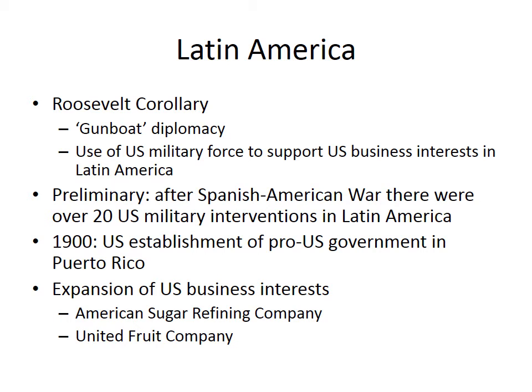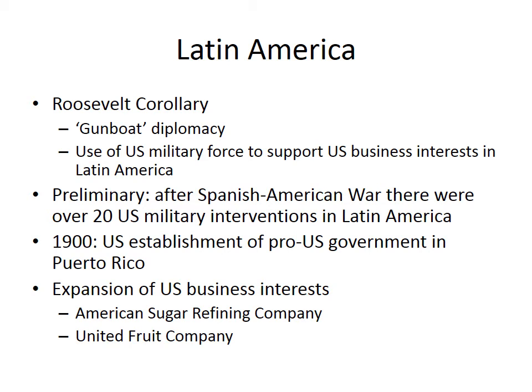The principal business interests are going to be the American Sugar Refining Company, the DuPont Fruit Company, and a series of banks who lend out money. The United States effectively becomes the financier and chief creditor of all of Latin America, Central America, Cuba, the Caribbean. And so when they are unable to pay their loans back, Theodore Roosevelt is going to order in the Marines, and that's gunboat diplomacy.